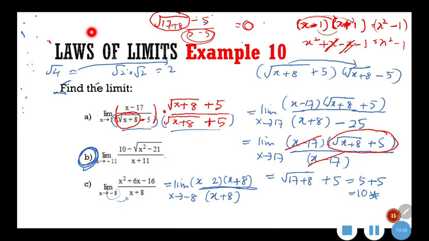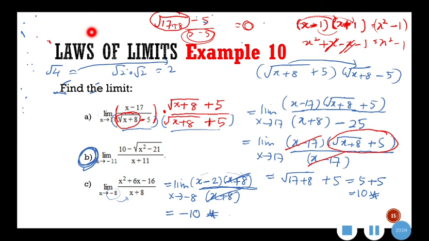If you put it positive, then x square plus, multiplying here, 8x. So this one should be minus. Minus 2x minus 16. So very simple, you can cancel this. Then put in negative 8 inside this negative 2, and you will get negative 10. Alright, so we're done with example 10.